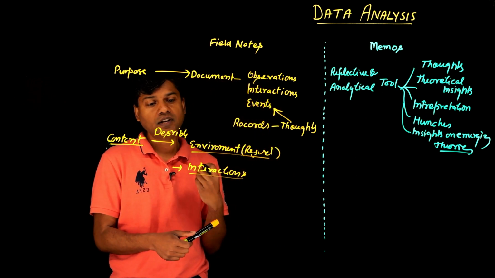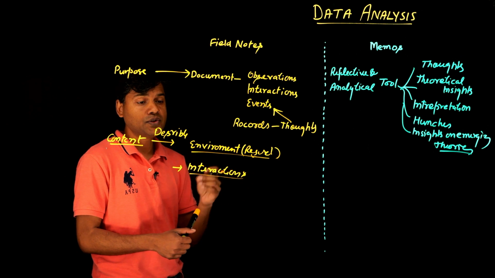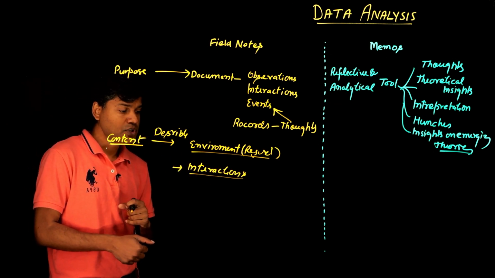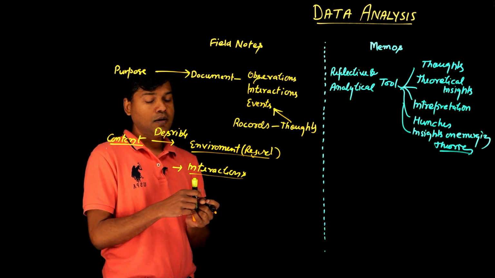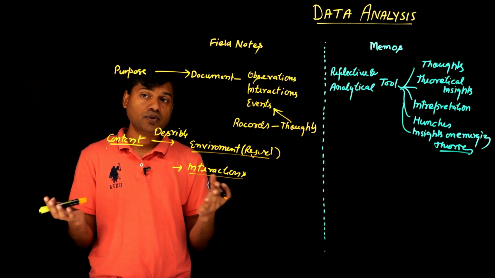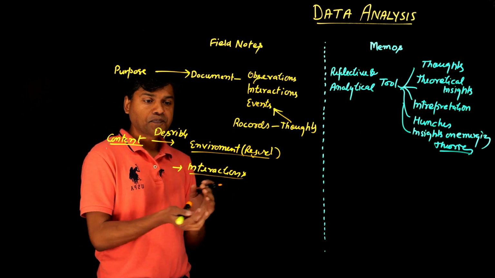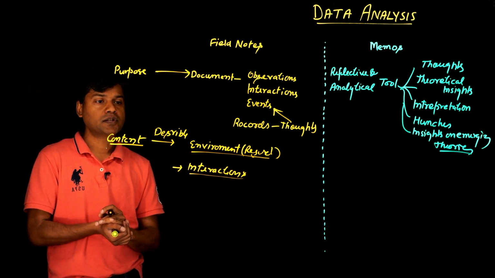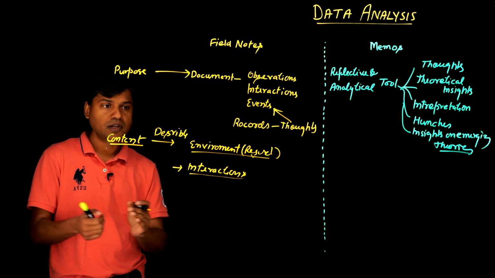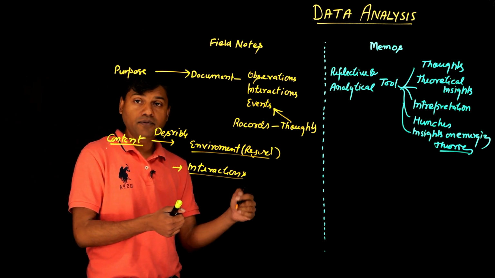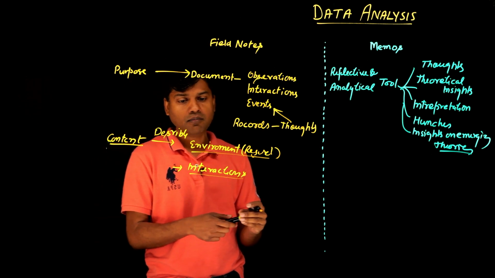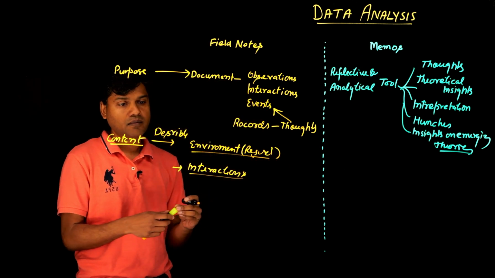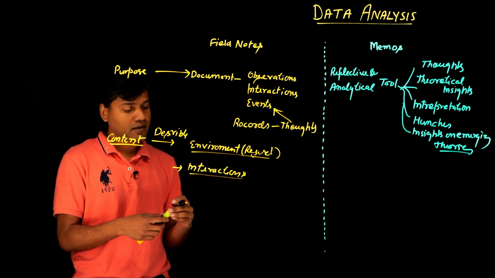How do I personally feel about my interaction with this participant or this group? If I'm doing participant observation in the natural setting of the people, if I'm doing an ethnography, then just after my observation, I will write my field note and talk about my interactions with the people and what I have been doing.